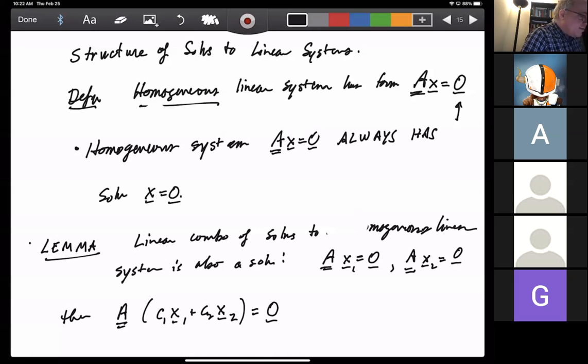Okay, so if I have a homogeneous linear system and I have some solutions of that system, I can build more solutions by taking linear combinations of the solutions that I know. Does that make sense to everyone?